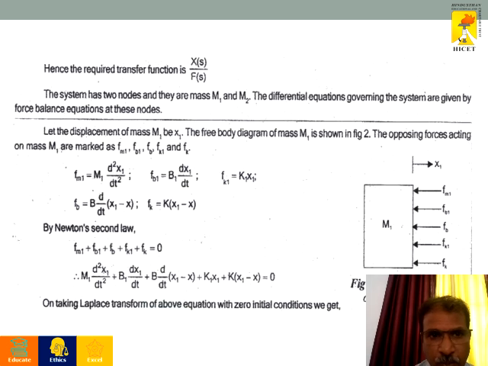So here in this problem, transfer function is asked. So we are writing the free body diagram of mass m1.